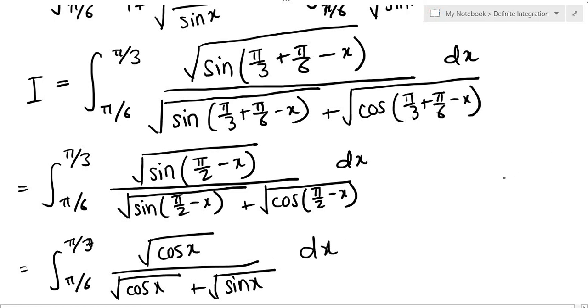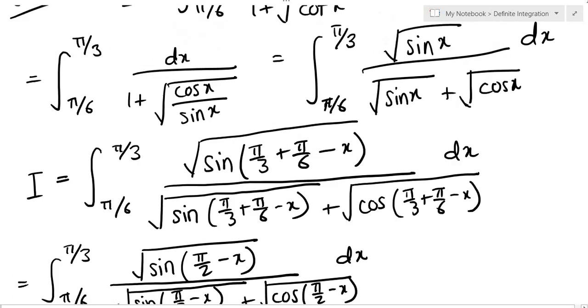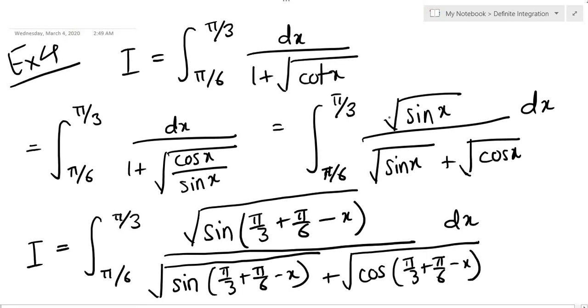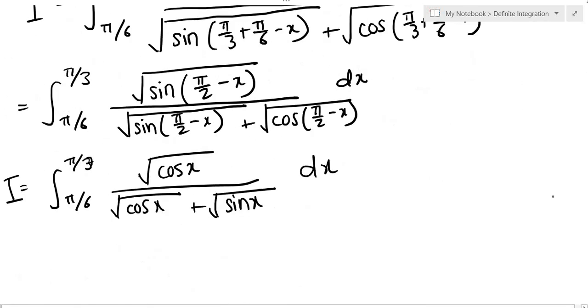Now this is interesting because whatever we got, this is I, which is the initial integral itself. This is I, right? This is the initial integral itself. And now this is equal to our question. This is the same thing as this, right? So what I'm going to do is I'm going to add this and this.